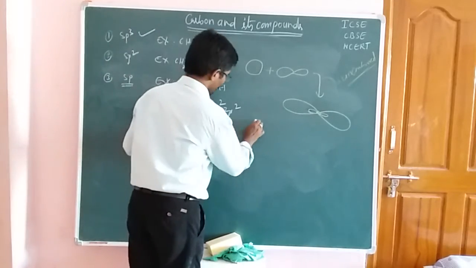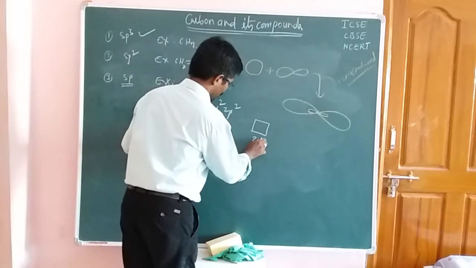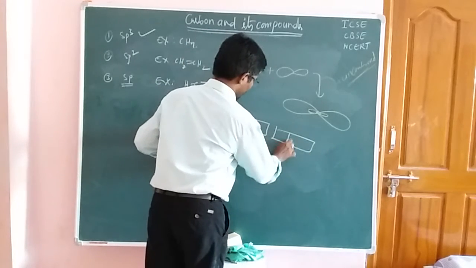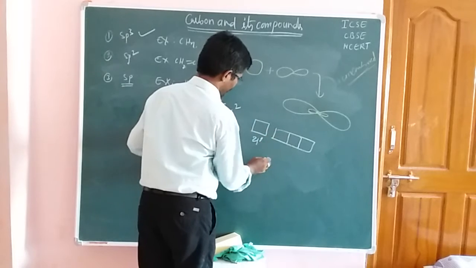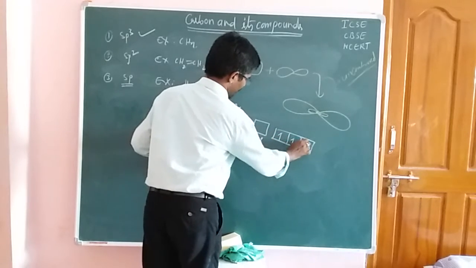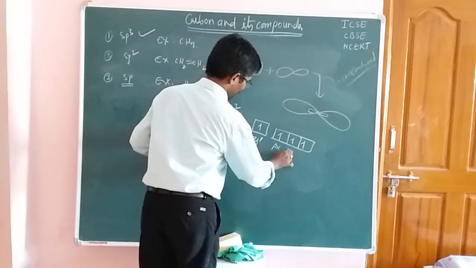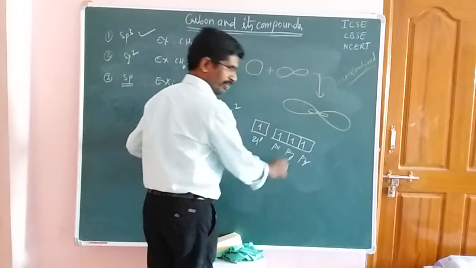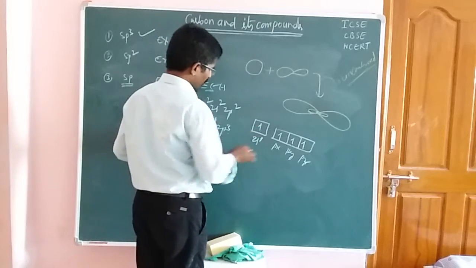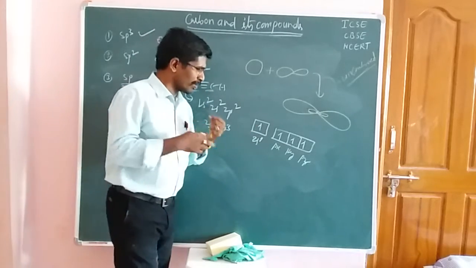Okay, students. One electron is present in the 2s orbital, and 3 electrons are present in the 2p orbital: 1, 2 and 3. So these are the px orbital, py orbital and pz orbital. Which orbitals are involved?